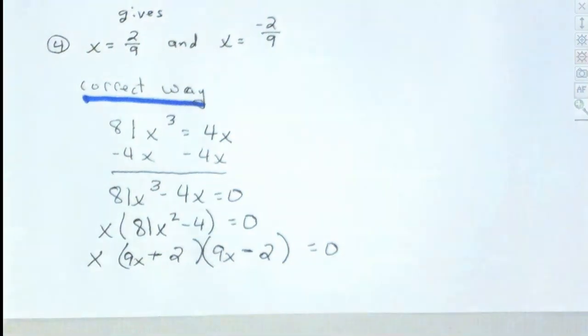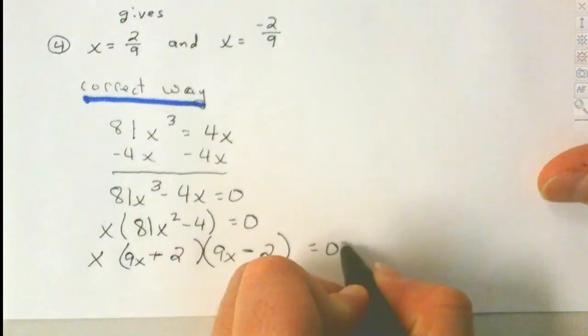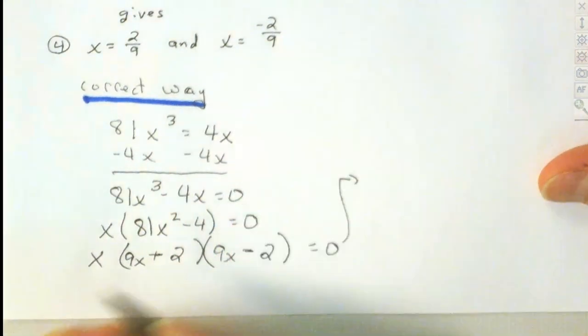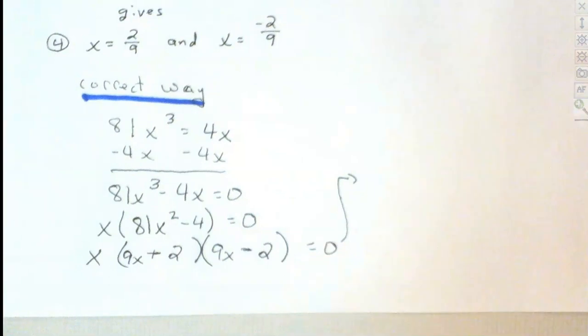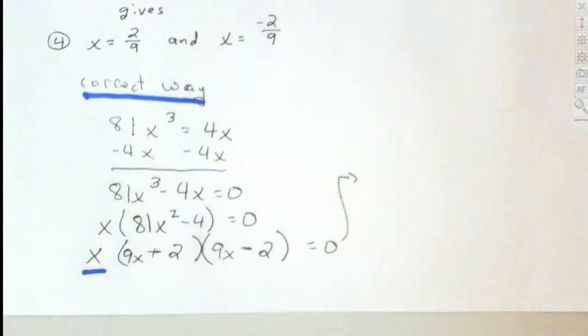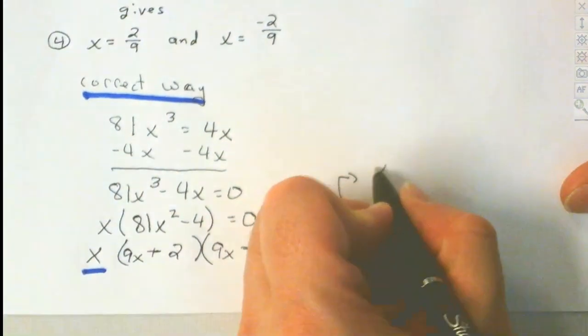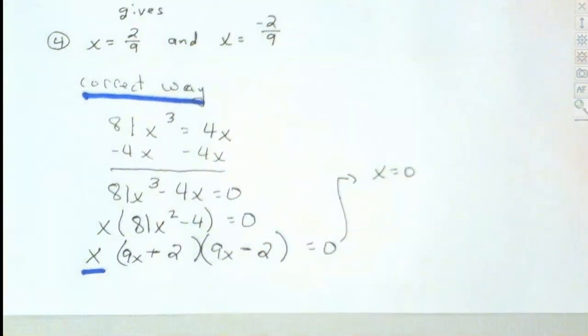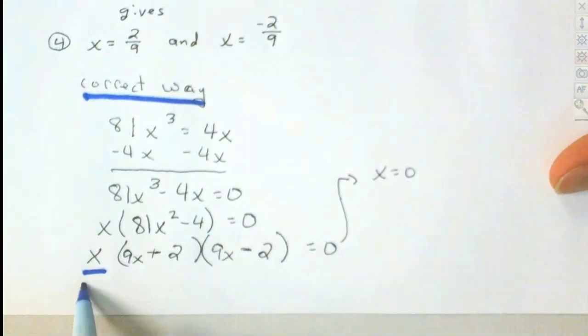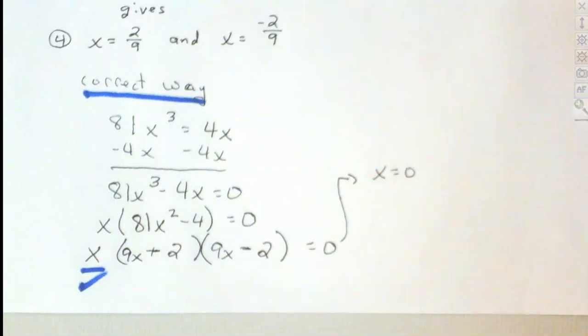Now, you should get 3 solutions. What are my 3 solutions going to be? This is the correct way of doing this question. First one, x equals 0, done. There's 1. You can put a check mark by them if you want to let you know they're done.